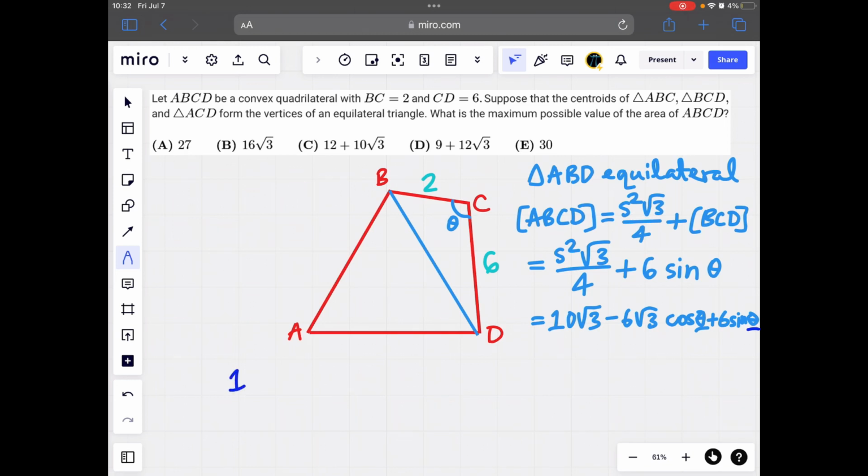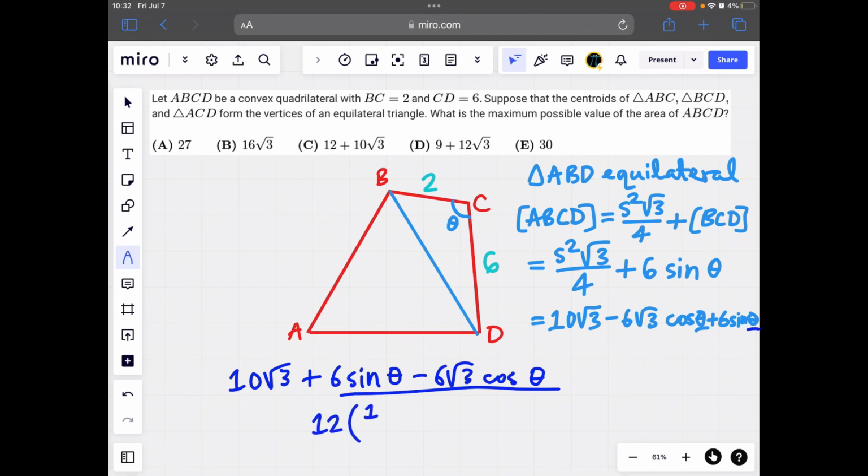So we want the maximum value of 10 root 3 plus 6 sine theta minus 6 root 3 cosine theta. And now the 6 sine theta minus 6 root 3 cosine theta, we can just express as 12 times 1/2 sine theta minus root 3 over 2 cosine theta.